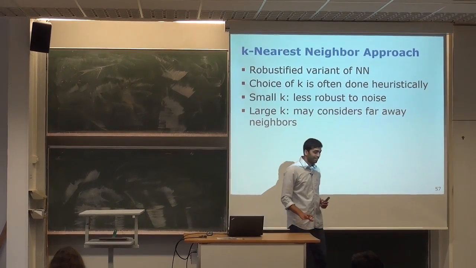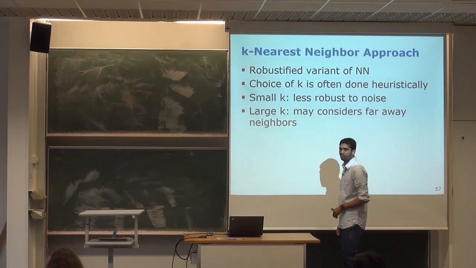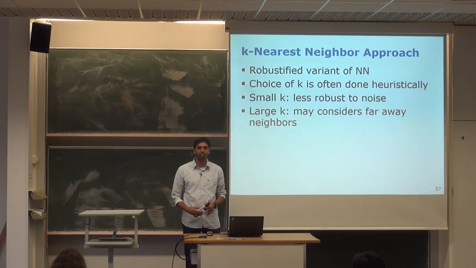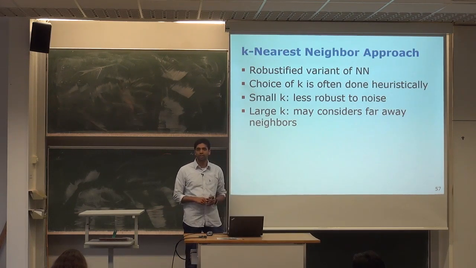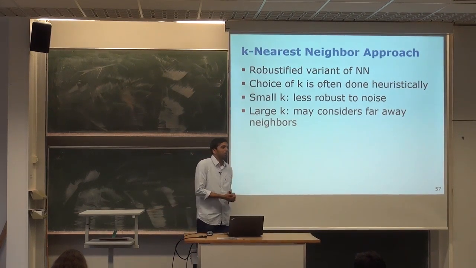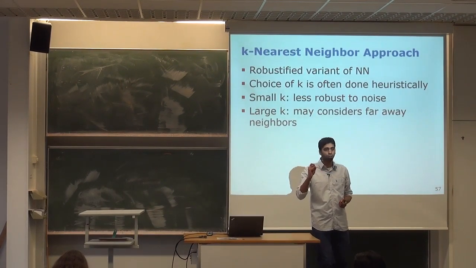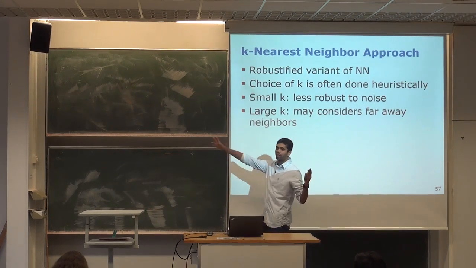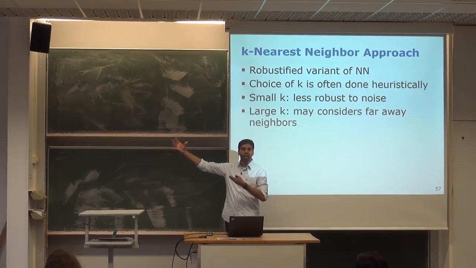Of course, now you have the task of also choosing what this k is. Should it be 5? Should it be 500? Should it be 1? What should this k be? And this really depends on the data distribution in the feature space itself, right? If you use a really small k, maybe it's not robust enough to the noise in the measurements that you have. Whereas if you use a really large k, then you're also going into the space of another class.